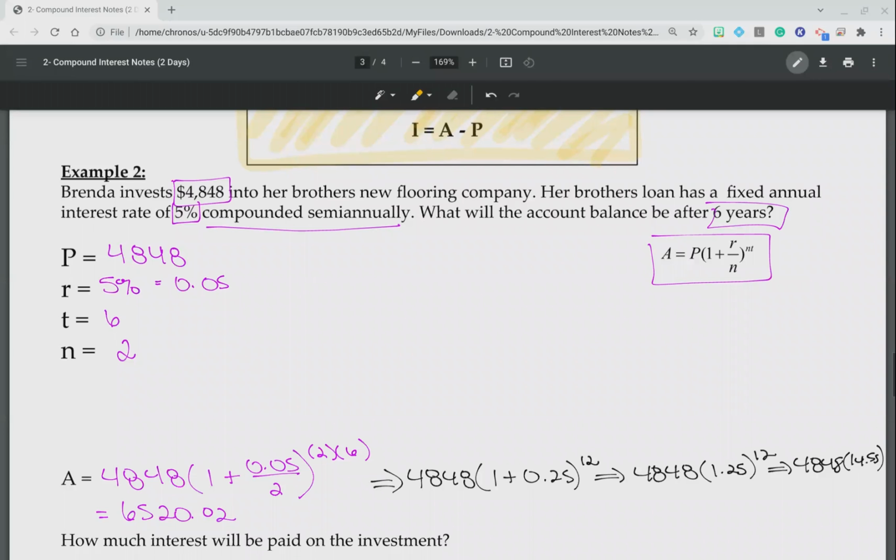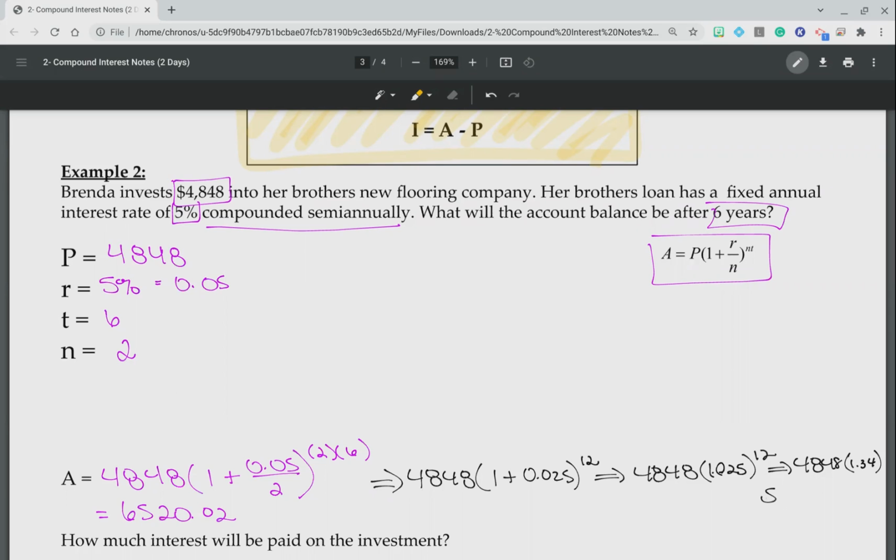Which I'm realizing I forgot a 0 here. This is why this way can be a little bit more tricky, because it's easier to make mistakes, unfortunately. So then that number is going to be smaller. So 1.025 to the 12th power is actually 1.34, and then multiply that by 48.